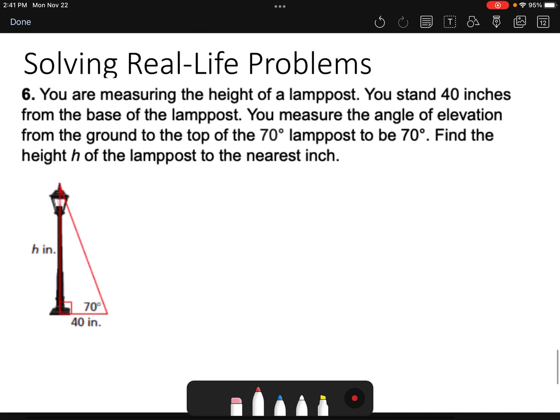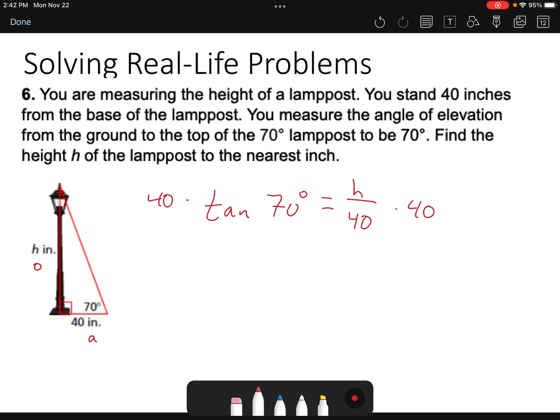All right, now we got a lamp post, and you're standing 40 inches away at a 70-degree angle to the top. Well, again, that's opposite. This is adjacent. So that's tangent of 70 is h over 40. Just remember, tangent is opposite over adjacent.